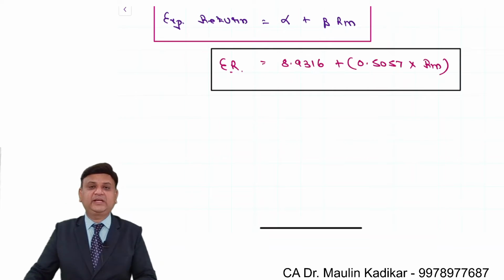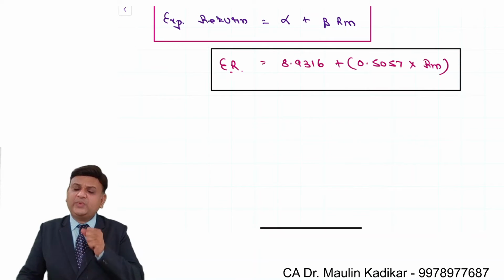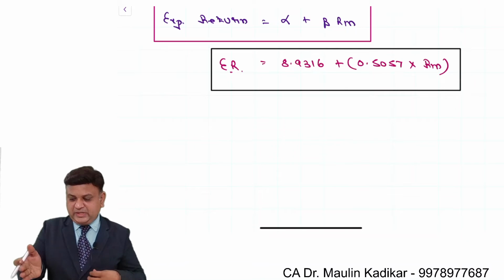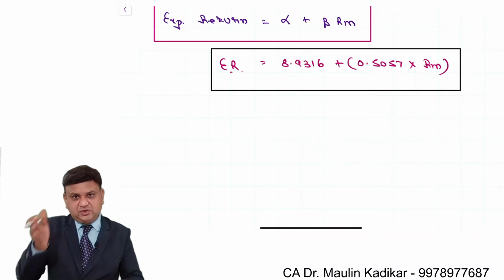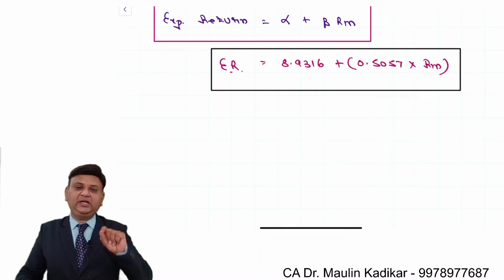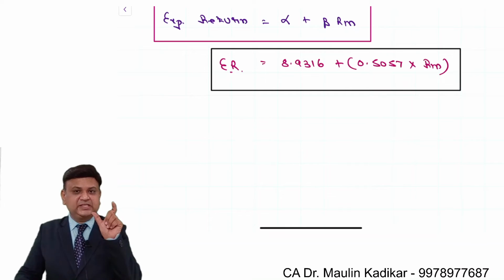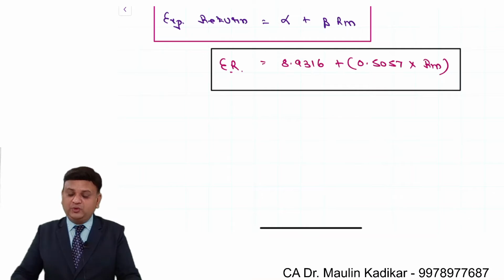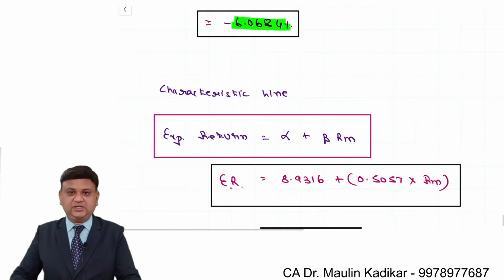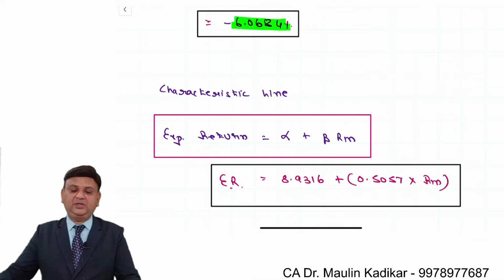Suppose the return on the market portfolio is 20%. So 20 minus 0, what is the change? 20. So 20 into 0.5057 is added to 8.9316 to compute the expected return from the security. This is the way we are required to compute the expected return from the security using the characteristic line.